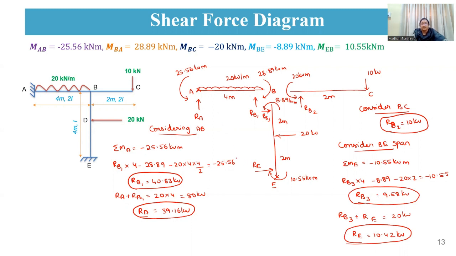Okay. So after getting the reactions, you are going to draw the shear force diagram. So these all are the reactions. Just I'm going to place all these things here. So this is 20 kilonewton. This is 20 kilonewton per meter. And this is 10 kilonewton. Just I'll write the reactions only.